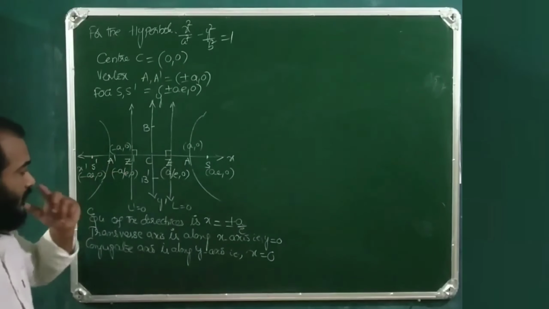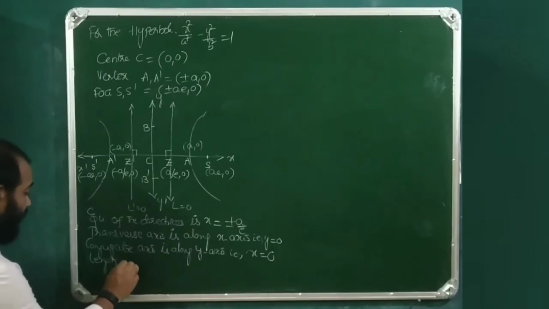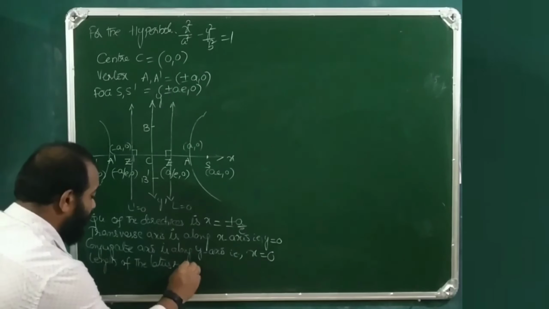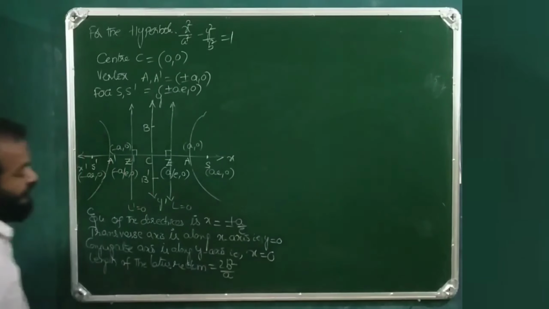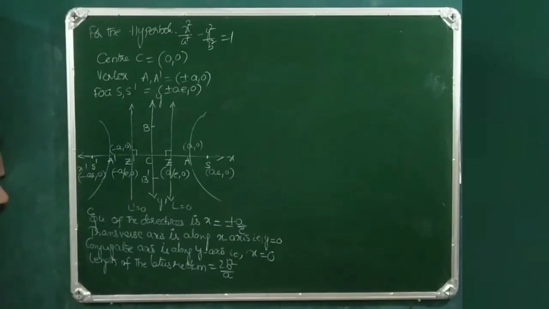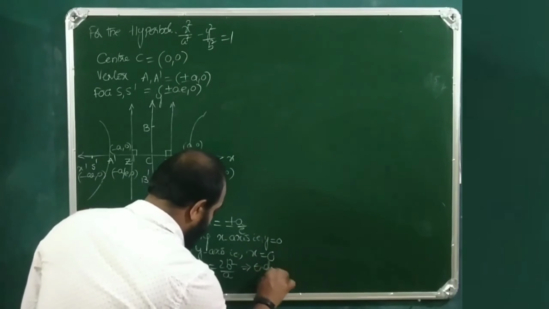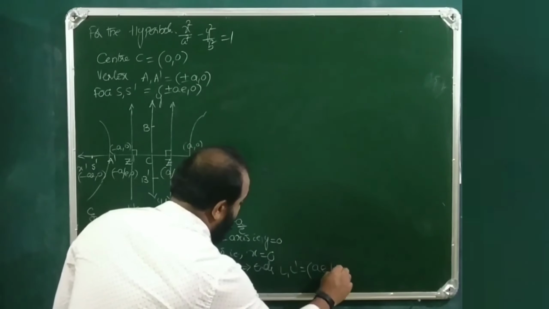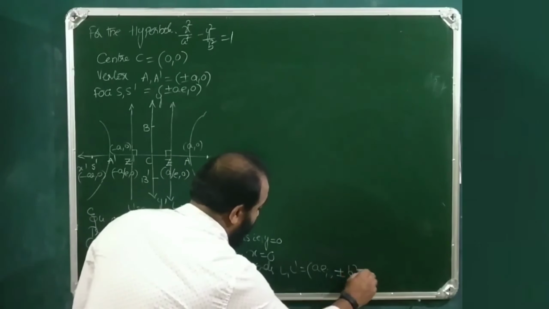X equals to 0. Now, length of the latus rectum is equals to 2b square by a. So their ends are L dash, AE comma plus or minus b square by a.